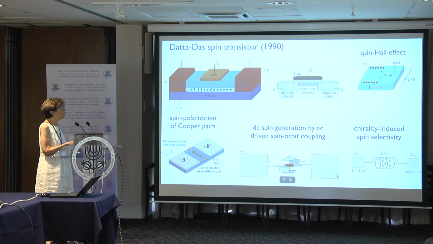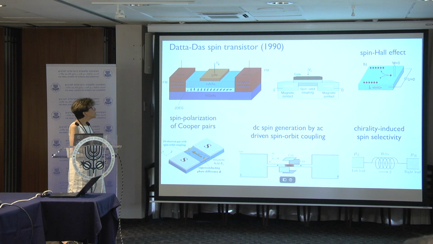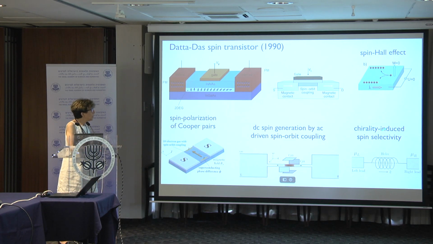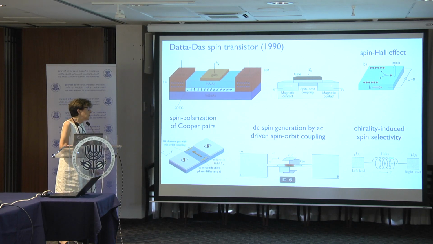But then came lots of interesting effects due to spin-orbit interaction, like the spin Hall effect, by which if we send currents through a Hall bar with spin-orbit interaction, we can create different populations of, say, electronic spin on the two sides. There is another direction, followed at the Weizmann Institute by Ron Naaman, who measures spin selectivity when electrons go through a helical molecule.